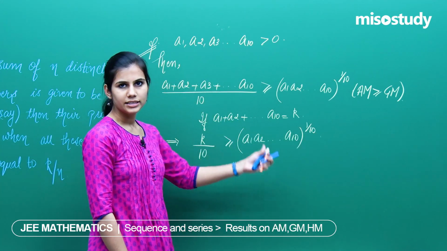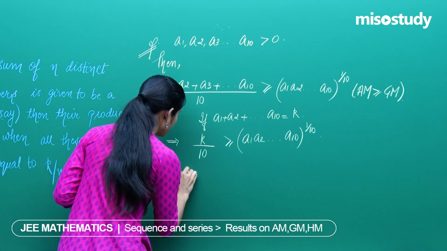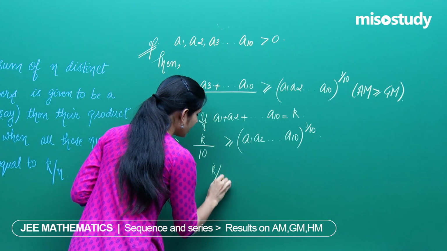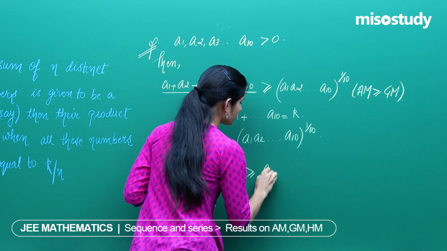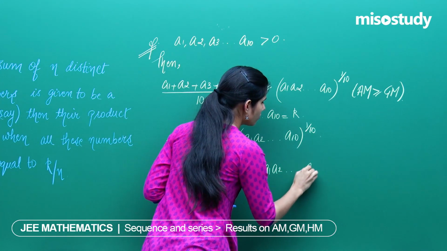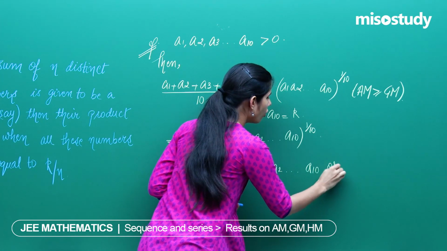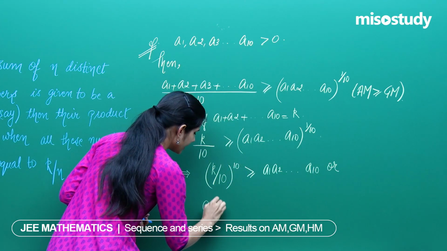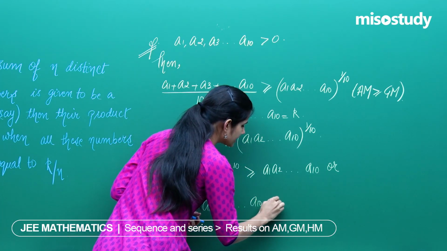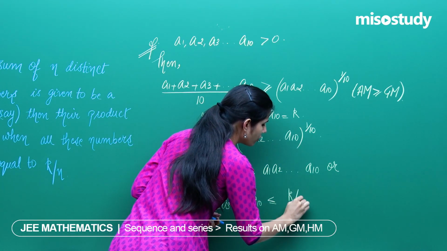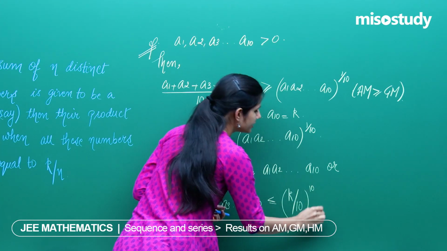Raise to the power 10 both sides, and what you obtain is k upon 10 whole to the power 10 is greater than or equal to A1, A2 and so on up till A10, or A1 into A2 into A3 into A10 is less than or equal to k upon 10 whole to the power 10.